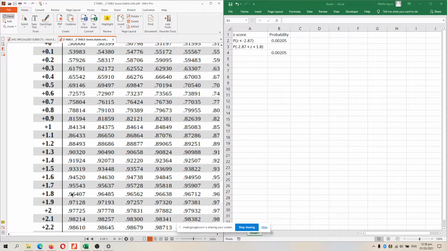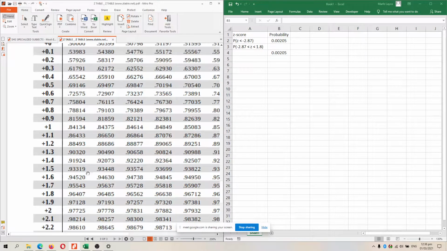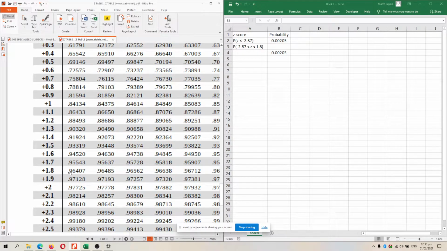So, ibig sabihin, 1.80. So, ang gagamitin na natin itong nauuna kasi it is under 0 column. So, 0.96407.